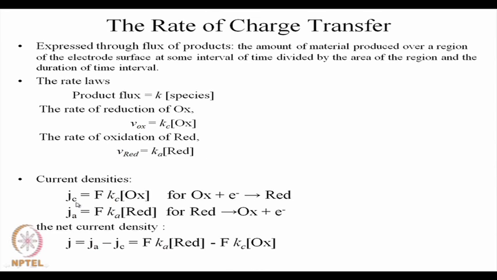Then current density is expressed in this fashion, because current density will be proportional to this rate and times your Faraday will give you the current densities. So, net current density can be obtained in this way.